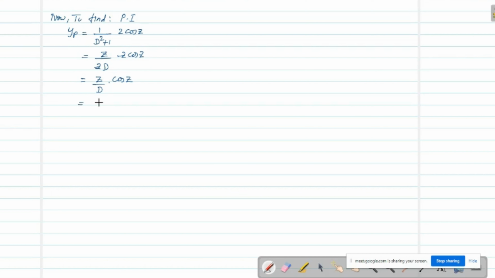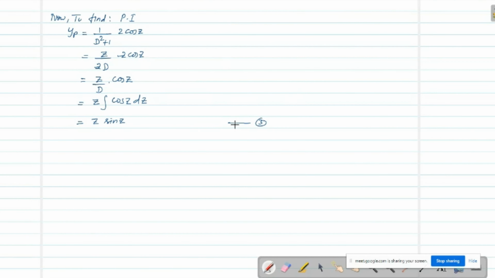This can be written as z times the integration of cos z dz. What is the integration of cos z? That is sin z. Name this equation number 3.